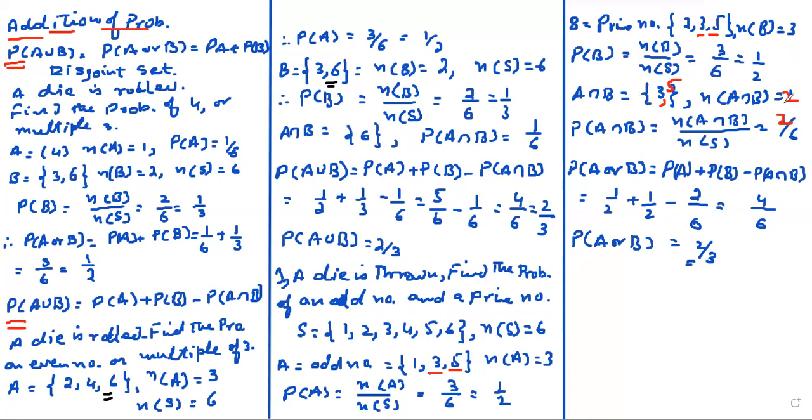So the probability of their joint occurrence is 2 over 6, because both are prime and both are odd numbers as well. So when we have to find the probability of A or B, we add their respective probabilities minus the probability of their joint occurrence. This equals 2 over 3, which is our answer.